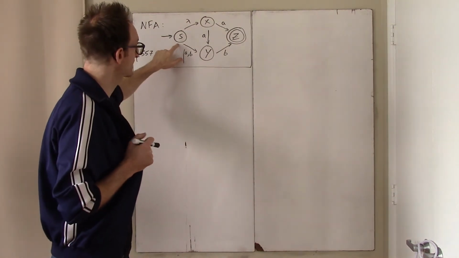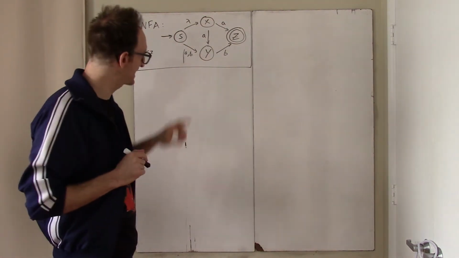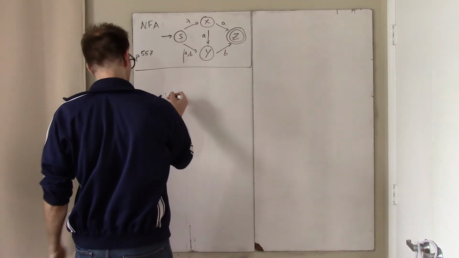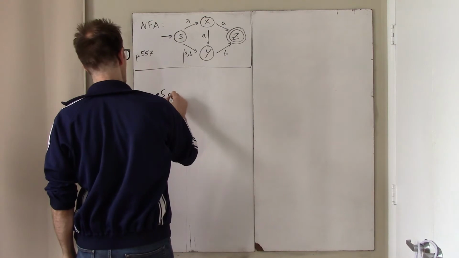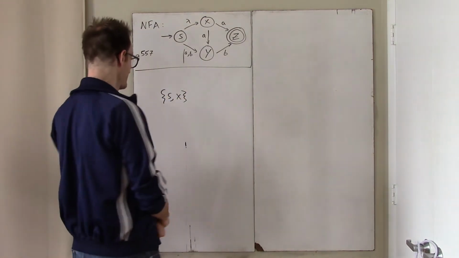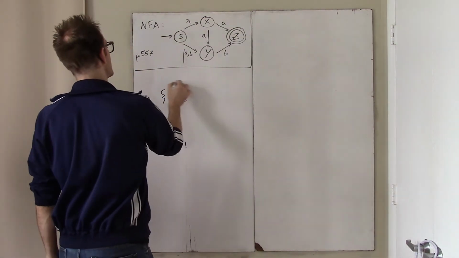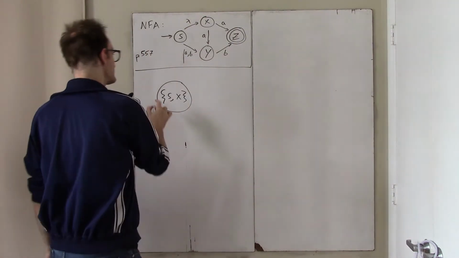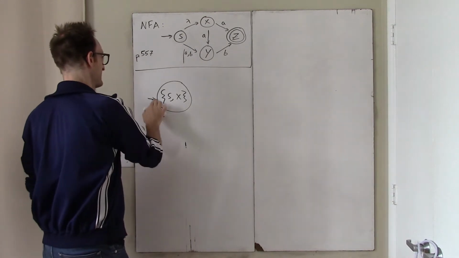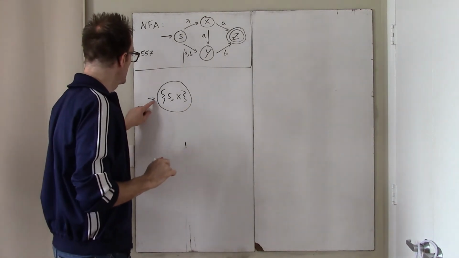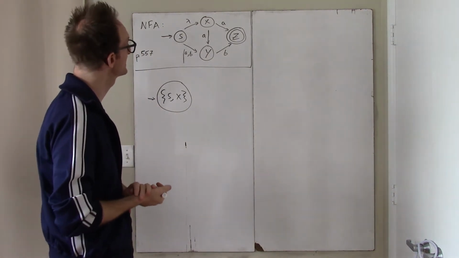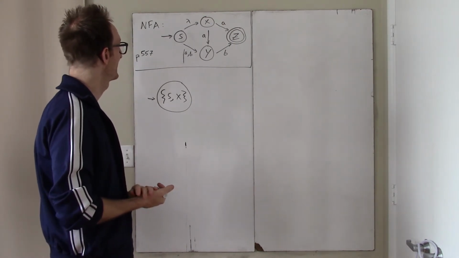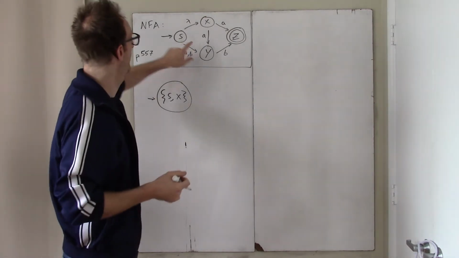So here we go. We start in state S, but do we really start in state S? No, we don't. We start in S and X combined. So my first state in my DFA is going to be the state associated with the subset of states SX, and that's going to be my start state. Then what do I do in this state if I read a B?